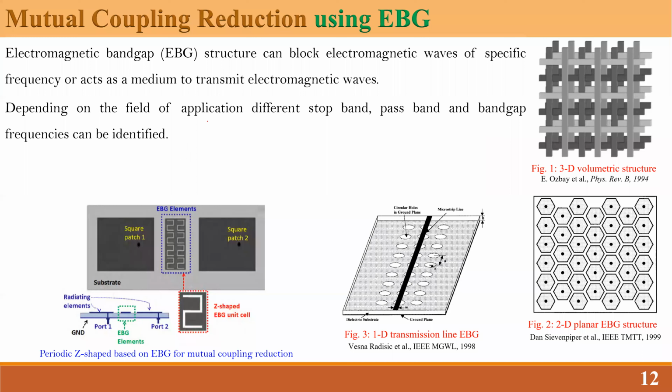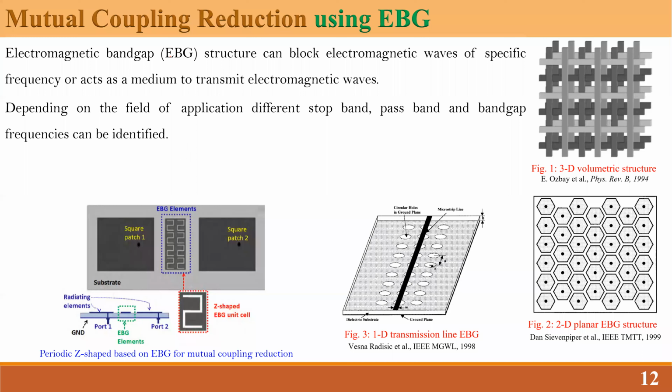EBG stands for electromagnetic bandgap structures. Now, let me tell you why these EBG structures came into play. As you see, the EBG structure gives you something like an artificial magnetic conductor. We are making a conductor which is artificial in nature and which gives us excellent performance.